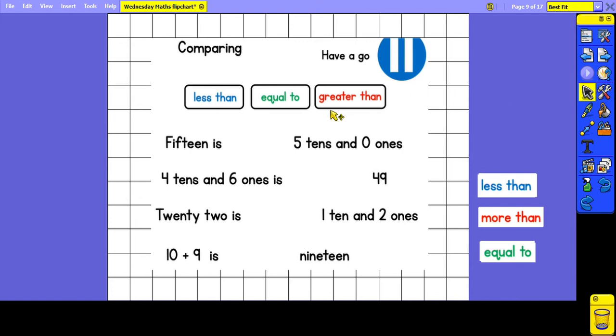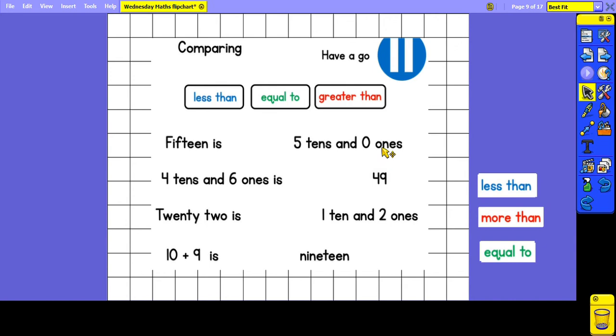Now this time we have got some word sentences, and some of the numbers are described in a partitioned way. So here 15 is something, so is it less than, equal to or greater than 5 tens and 0 ones? So if you think back to when we did partitioning, 5 tens and 0 ones is 50.